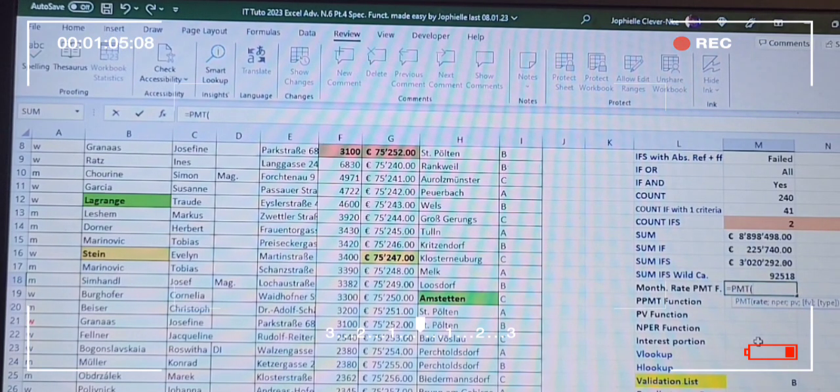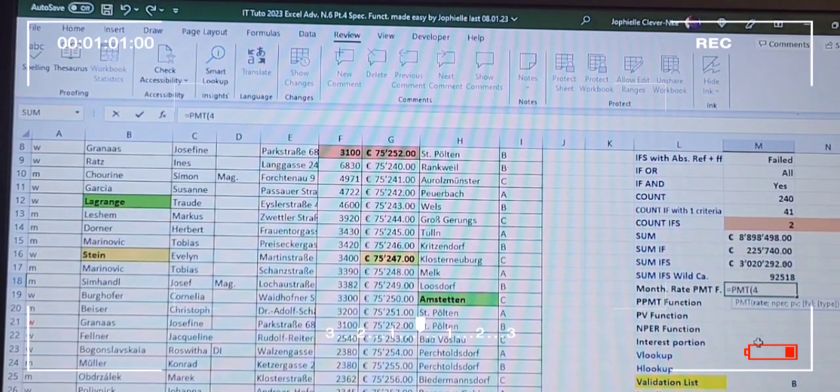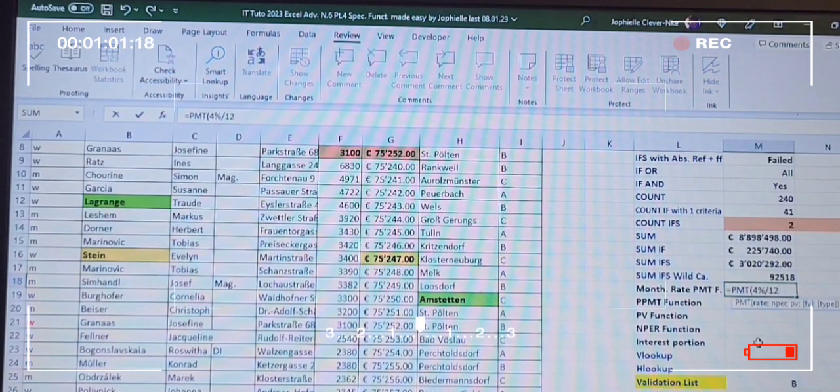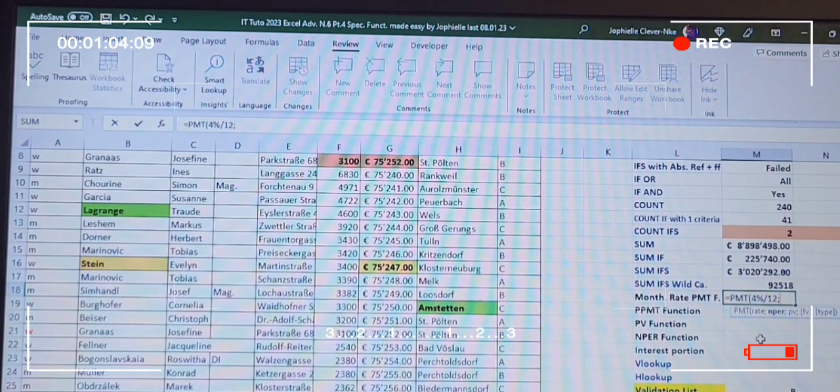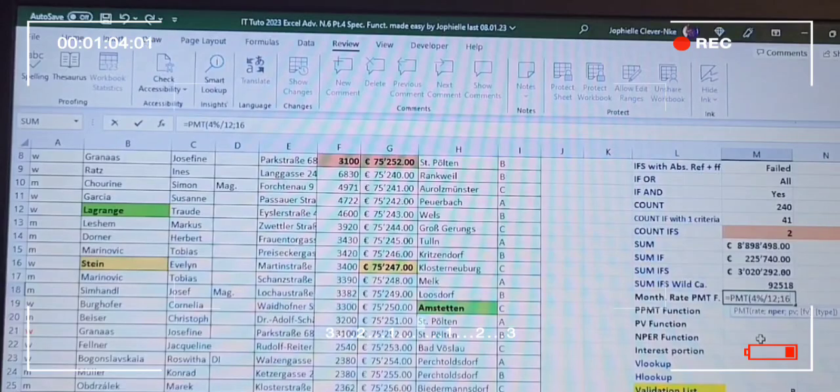Let me give in 4% to begin with, and then we are going to divide it by 12 because we have 12 months in a year. Okay, now we have the rate. Now they're asking us for the NPER, which is the number of payments. So let's say 16 payments.